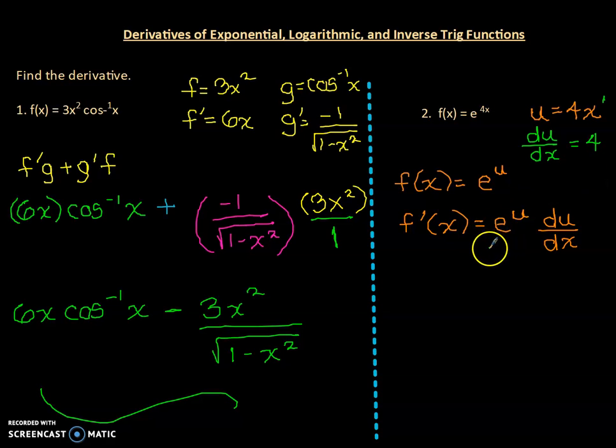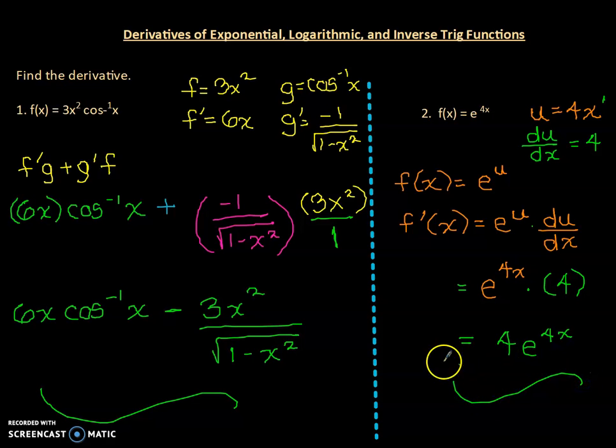So I've already found the derivative, and all I need to do is replace the u with whatever it is. So instead of e to the u power, it'll say e to the 4x power, and then times du over dx, which is just 4. To clean this up, I'm going to put the coefficient right in the front. And that's pretty much it.